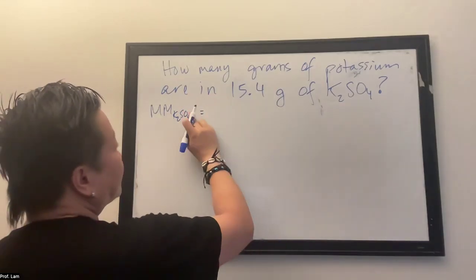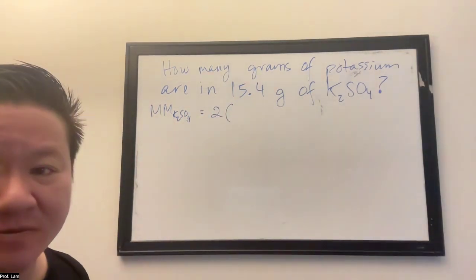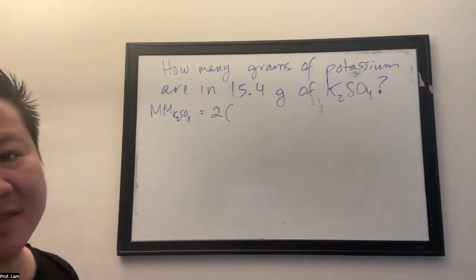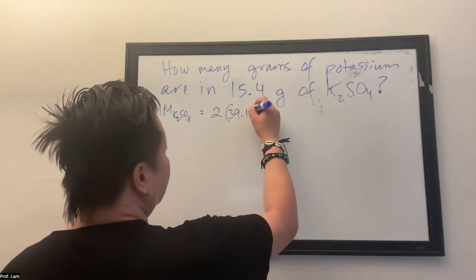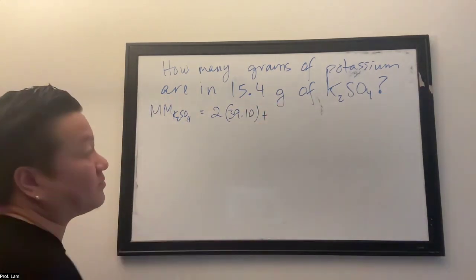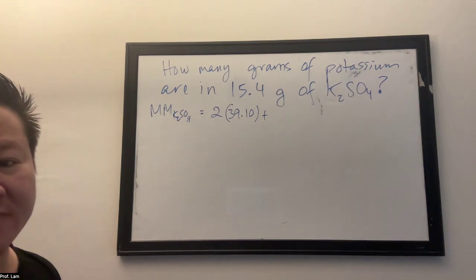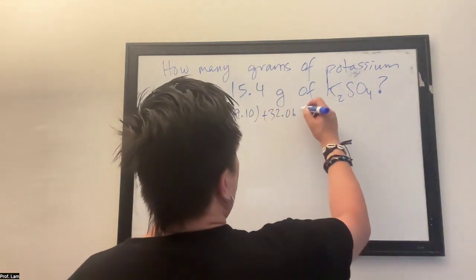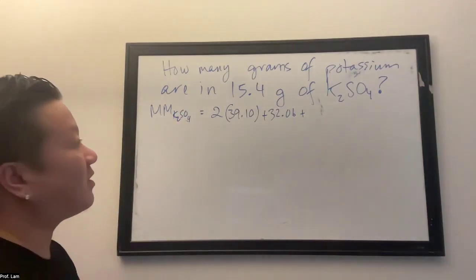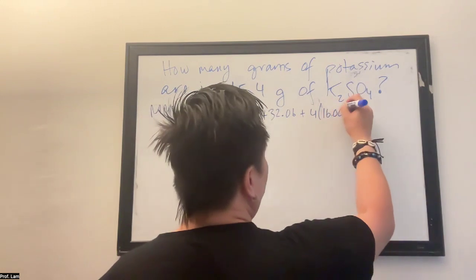You got 2 potassiums. 2 times, let's look on the periodic table, potassium's molar mass is 39.10, plus sulfur's molar mass is 32.06, I believe. Yep, 32.06. Plus, there are 4 oxygens, so each oxygen is 16.00.